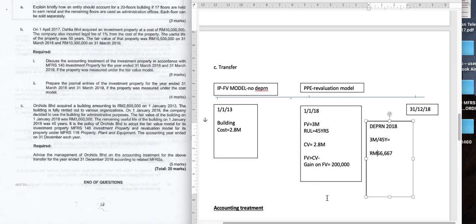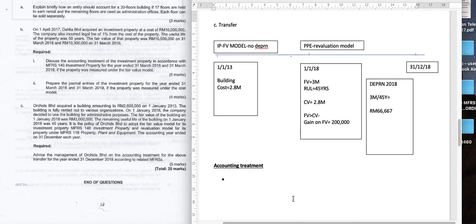Alright. So now let's answer the accounting treatment for the year ended 31st December 2018. So first thing, you will start from here.